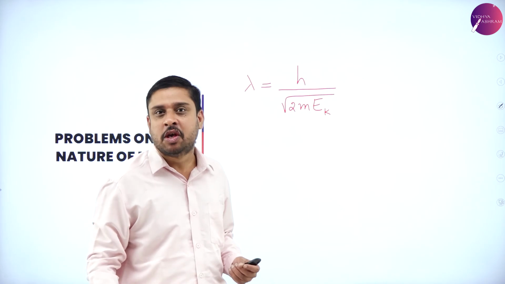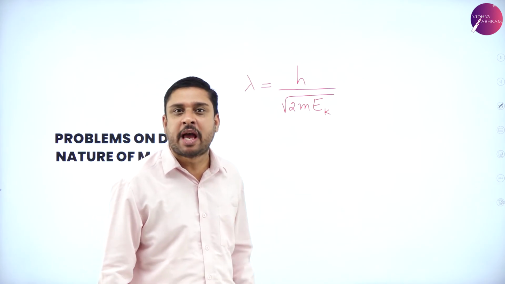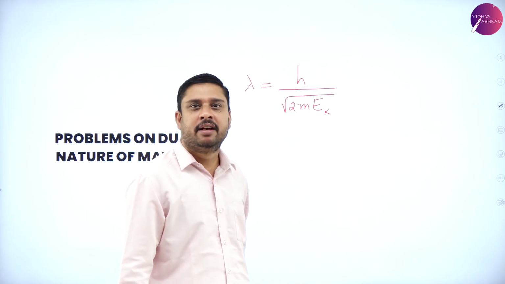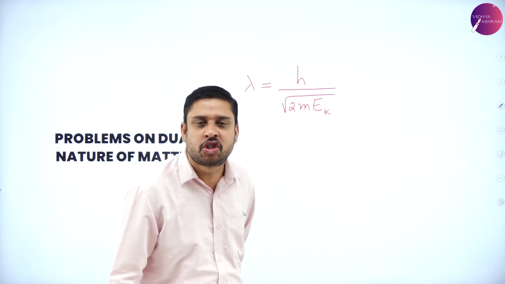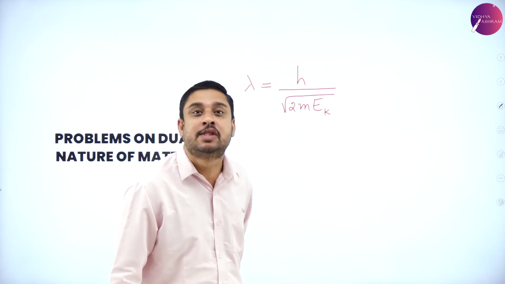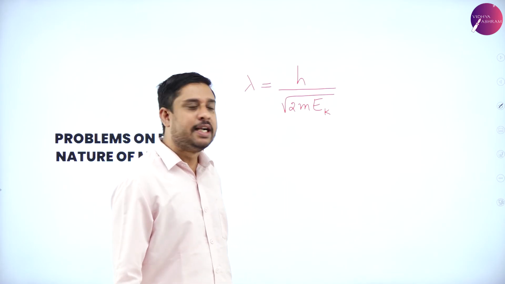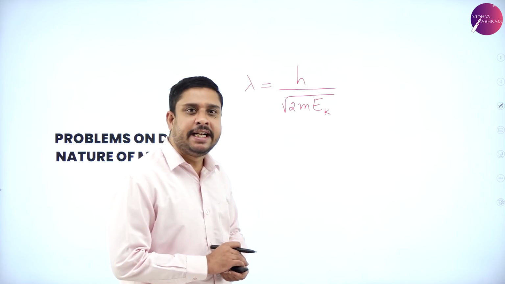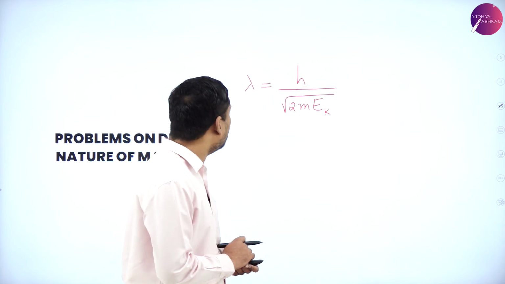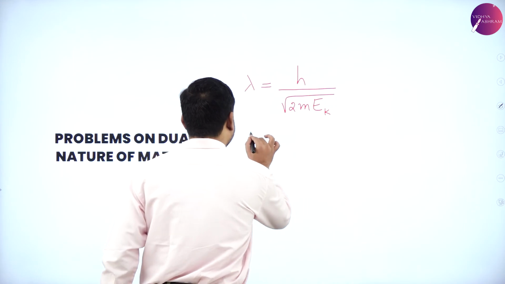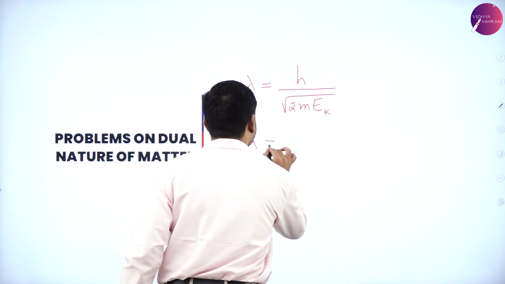Various forms of de Broglie wavelength we have written in terms of energy, in terms of potential, with respect to V, with respect to C. So in terms of kinetic energy, h divided by root 2m(E)k.